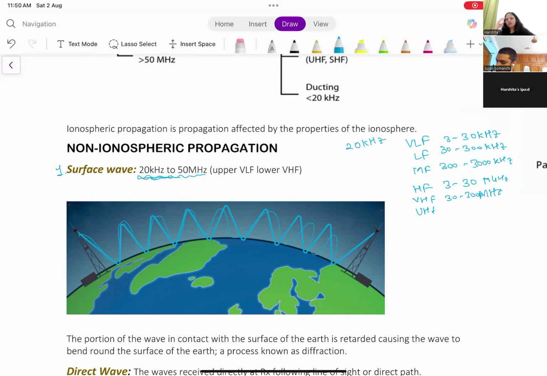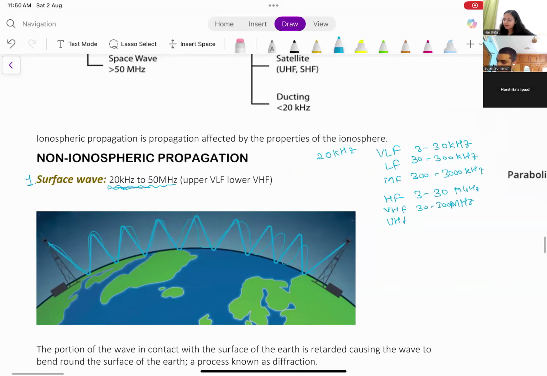Where does this 20 kilohertz lie? In which frequency band? This 20 kilohertz will lie in the VLF range.